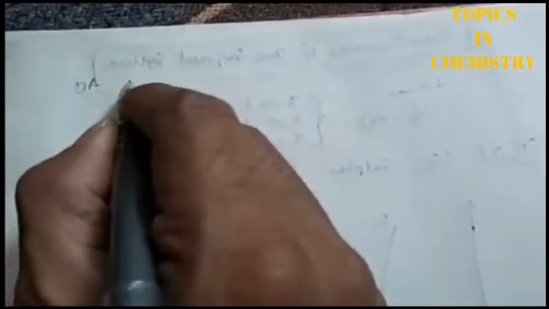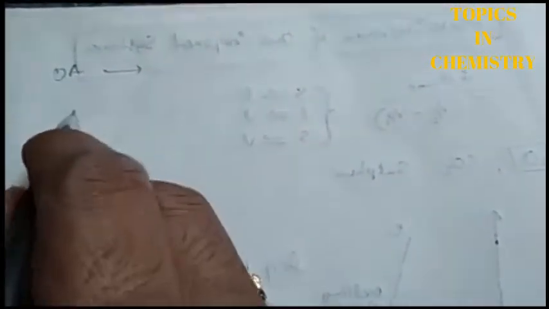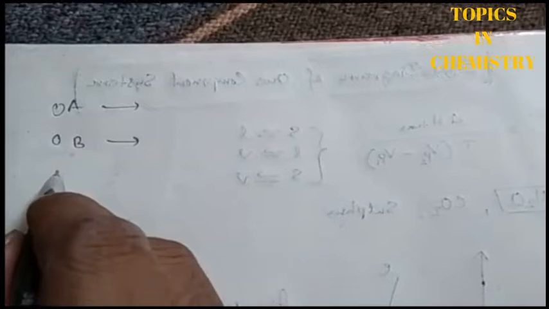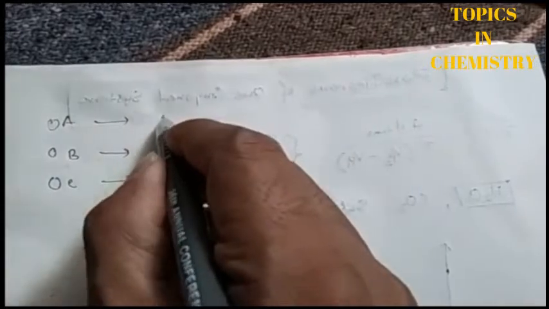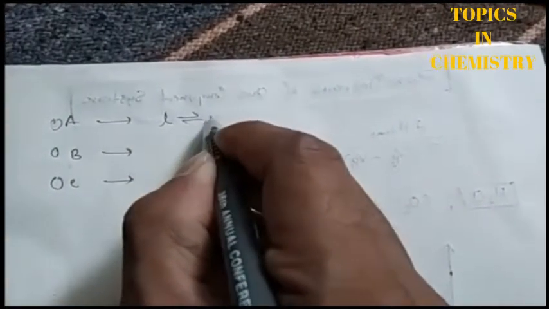Okay, now you have to know what is the degree of freedom of the curves, of the OA curve. So for the OA curve you have to know the degree of freedom here. You have to know the degree of freedom of the OB curve, and you have to know the degree of freedom of the OC curve. Okay, so as I told you, in the OA curve you can see that liquid is in equilibrium with vapor.